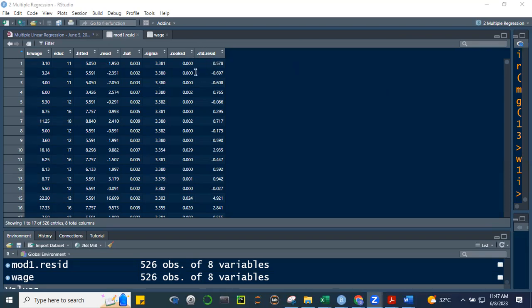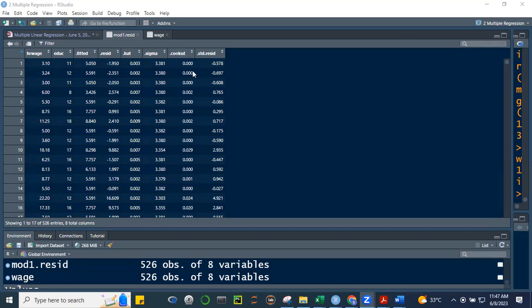And then this is your Cook's distance. Si Cook's distance, gagamitin natin later on yan for residual diagnostics. Kasi gusto natin malaman kung meron tayong tinatawag na influential data point, which we're going to discuss in the future, no? Next meeting siguro. An influential data point is a data point that can affect your model. Okay, so may parameter yan.